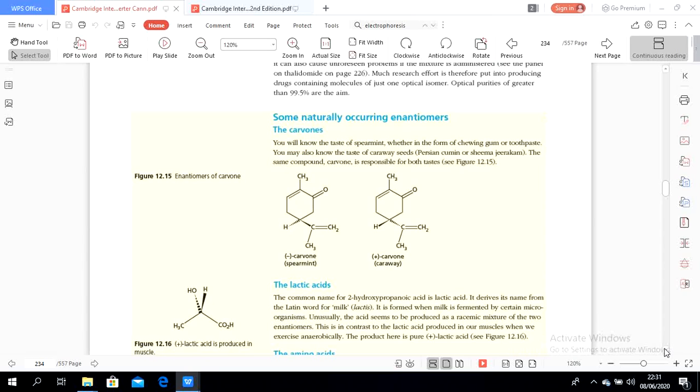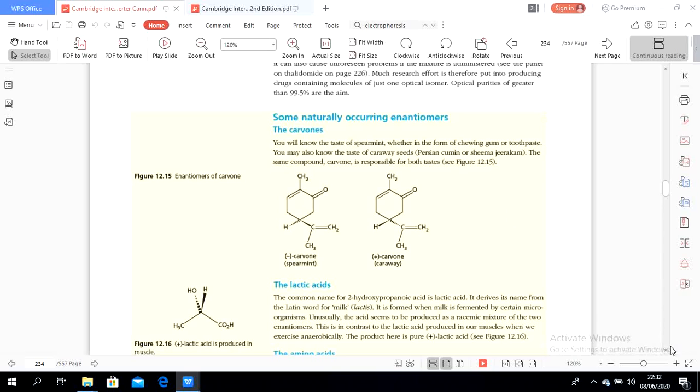Some naturally occurring enantiomers, the carvones: this is the positive carvone, and this is the negative carvone. As we can see, they are mirror images of each other, like the positive and negative.